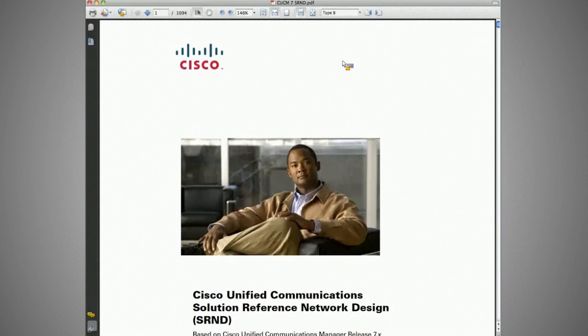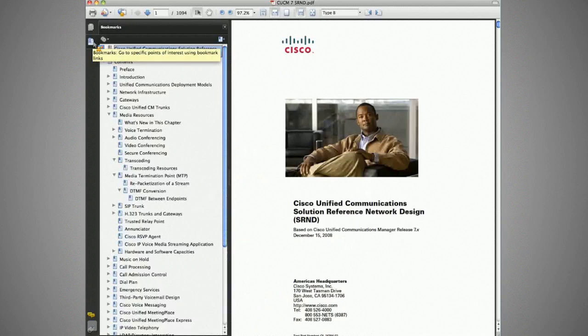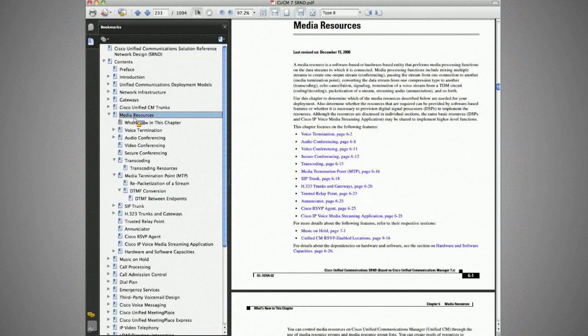But the SRNDs, the CUCM SRND, the CUCM-E, or Call Manager Express SRND, and the QoS SRND are all going to be PDFs on your desktop. That much is guaranteed.